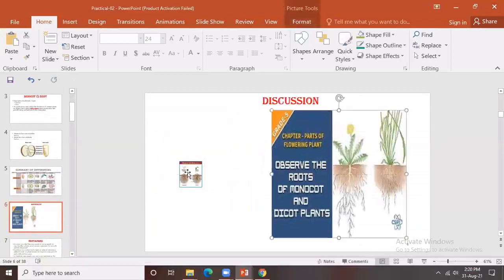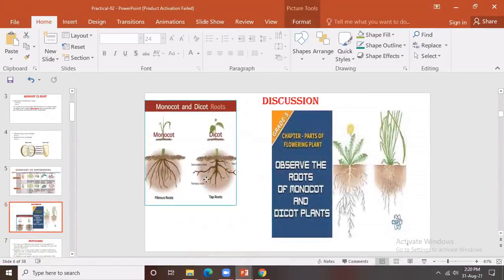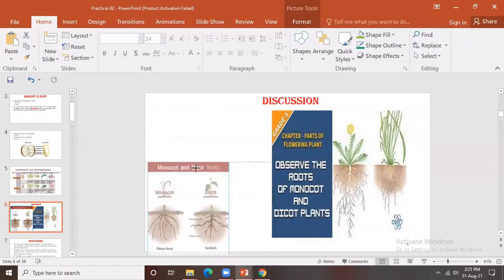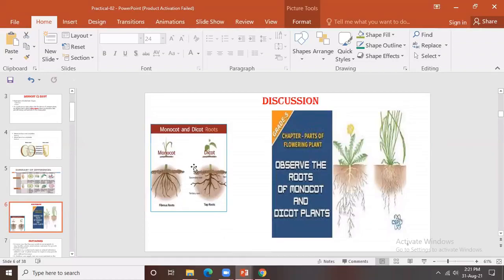Here some root parts also. This monocot and this one is dicot, no? Dicot has the taproot system and monocot has the fibrous root system. Here there is main root and secondary root, and you can note it. Okay, you want to draw this picture in your discussion part also.